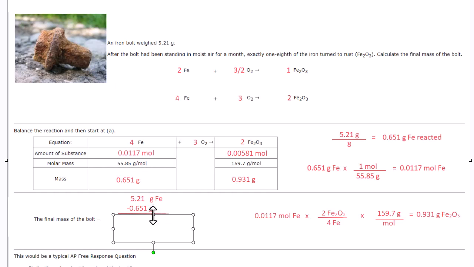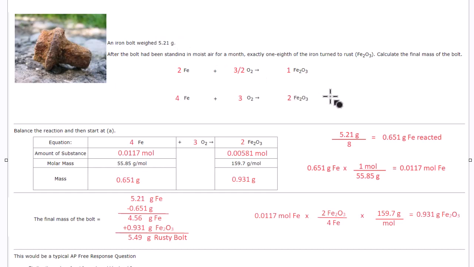The iron is changed into iron oxide. So all we've got left is 4.56 grams of pure iron. And in addition to that, we now have rust that's being made, the Fe2O3. And a simple addition, and you get your rusty bolt. You've got the iron and you've got the rust, and they come together. And it makes sense. You expect it to become heavier because it gains oxygen.